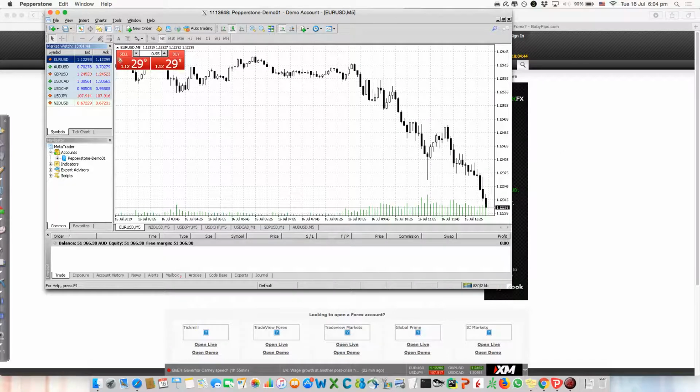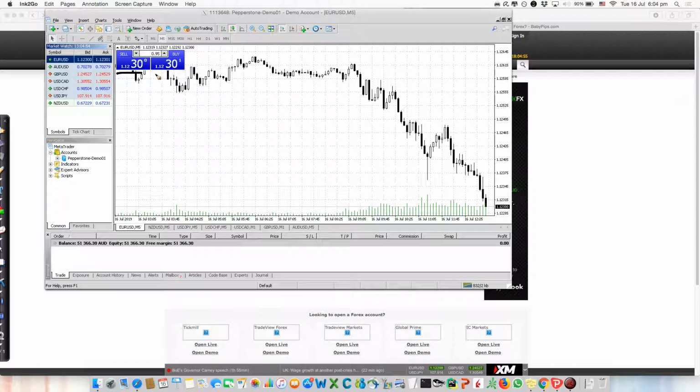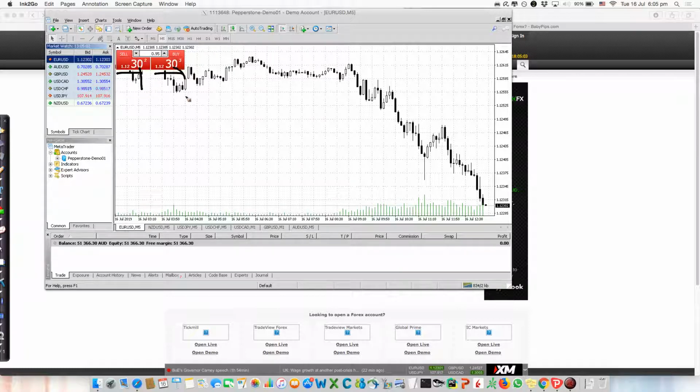So what is a pip? You see here, for example, we are showing the euro US dollar, and then you have these numbers, okay? Now this last number before the small one here, so now this 0 and this 0 here, this is 1 pip. Okay, so this position is the 1 pip. What do I mean? Now I have 1.1230.